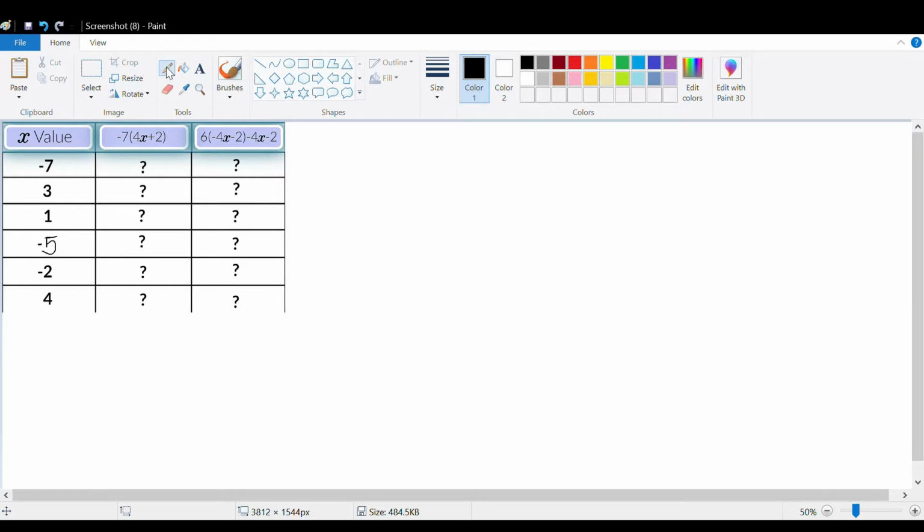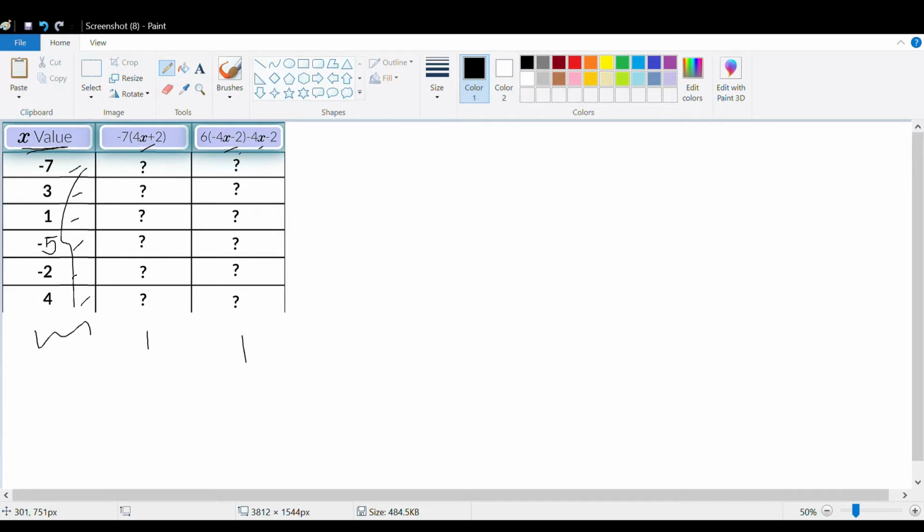Okay, so just to paraphrase what the direction said, we essentially have to substitute these x values, like the -7, 3, 1, -5, -2, and 4, for x in this equation and x in this equation.